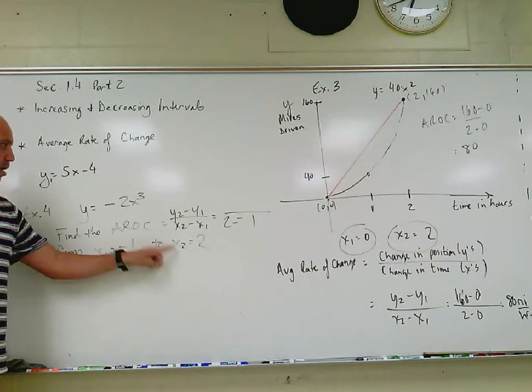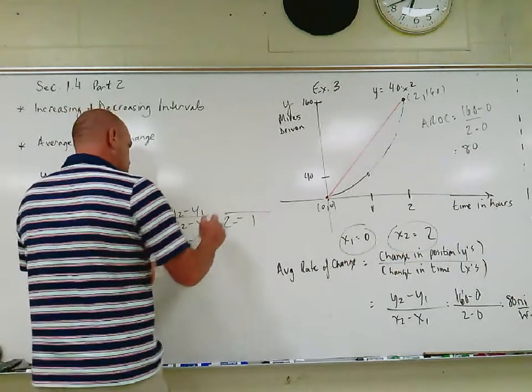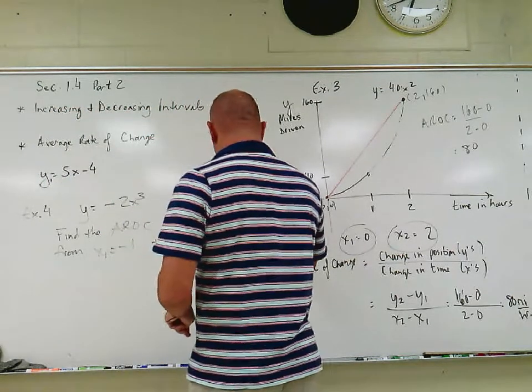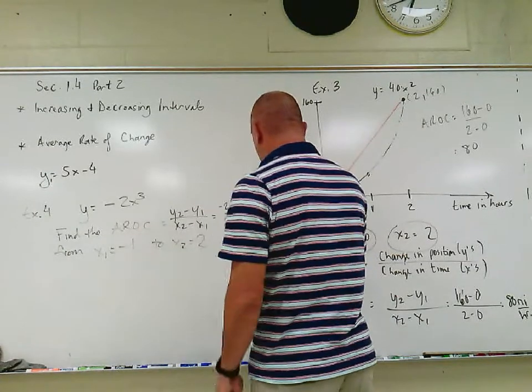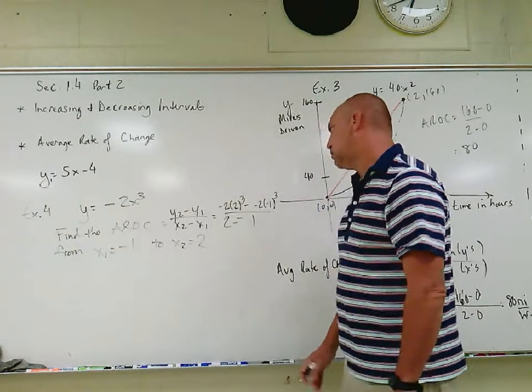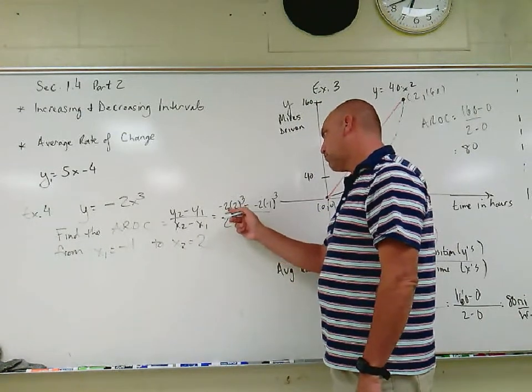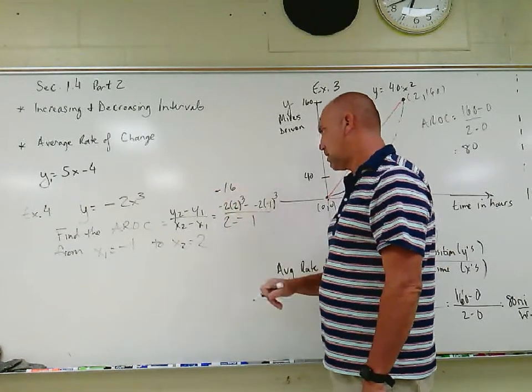Now, to get my y's, I gotta plug in. I notice it's a -2 in front. So to get y2, it's gonna be -2 times 2 cubed, minus, to get y1, it's gonna be -2 times -1 cubed. So let's see, your y2 looks like to me is -16, okay?